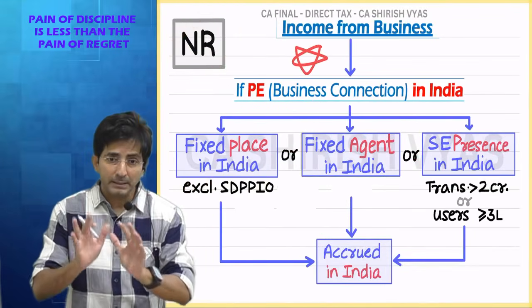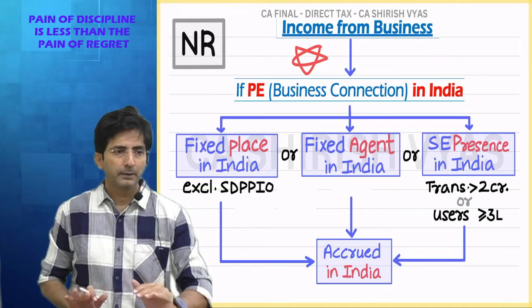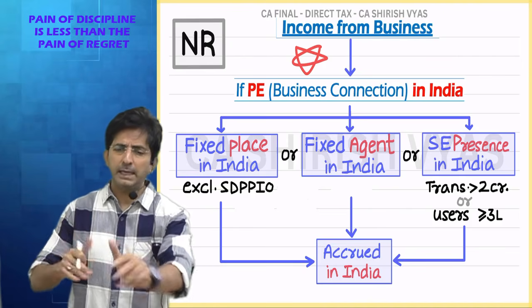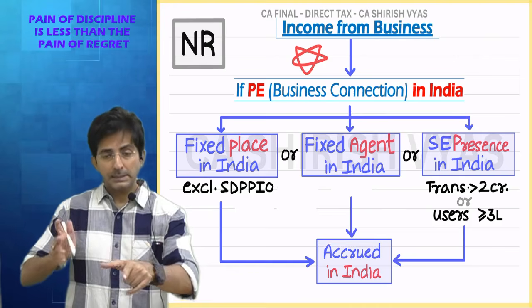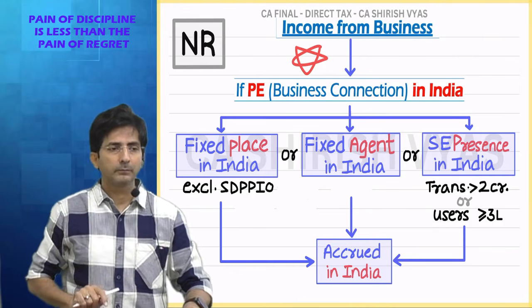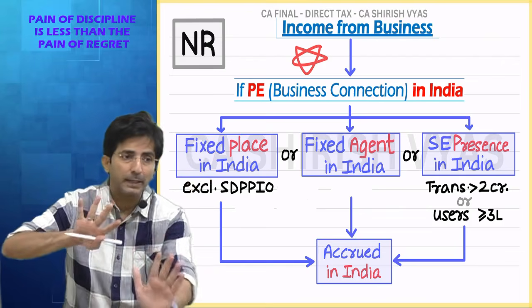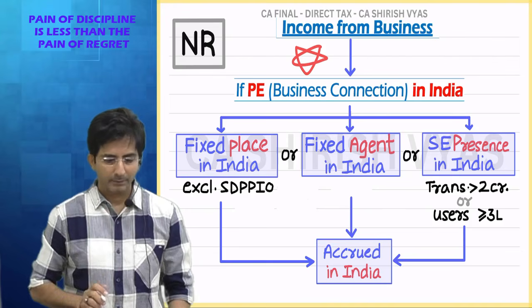They have a place in India and the place is only for displaying their products. They simply display the product to Indians. Only display. Sale doesn't happen from here. Yes, if someone likes the product, the sale will happen from Singapore or from a foreign country. From India, they don't sell. They simply display. Even that is not a place of business in India.